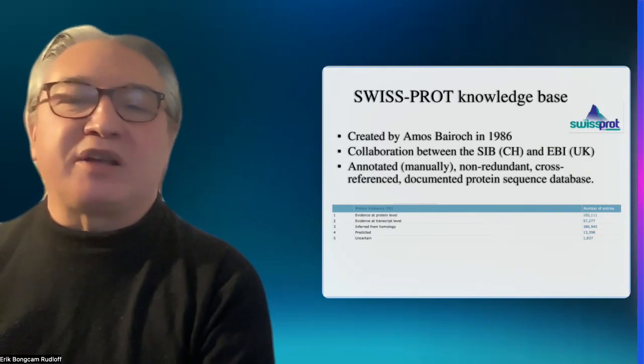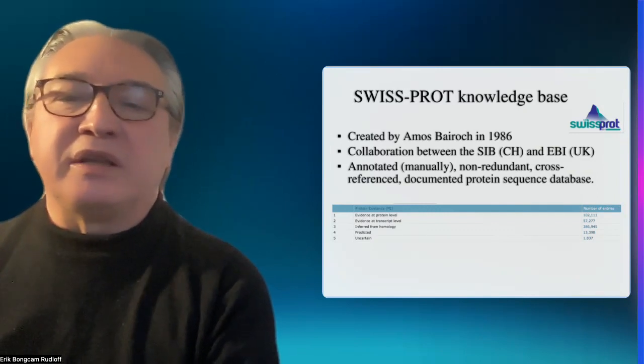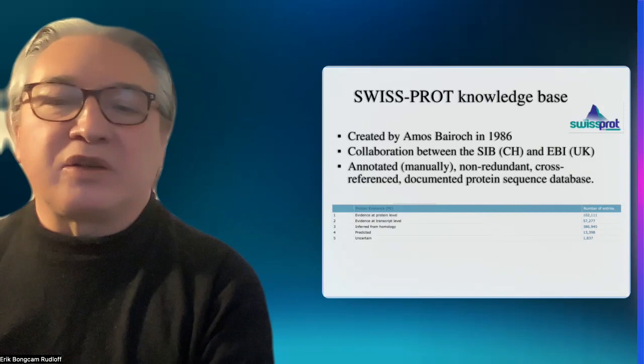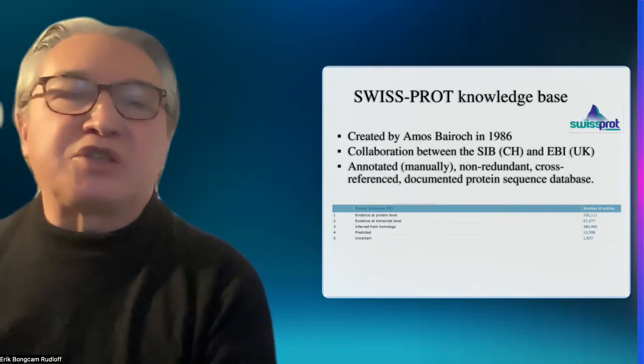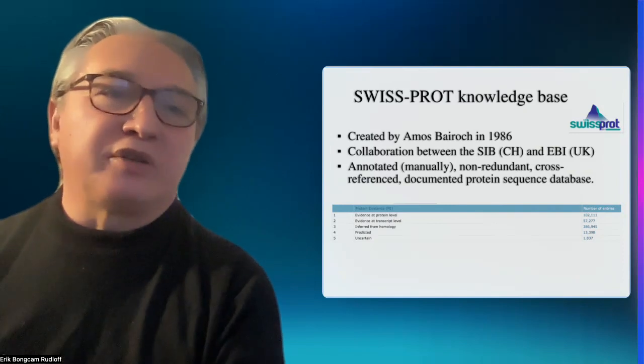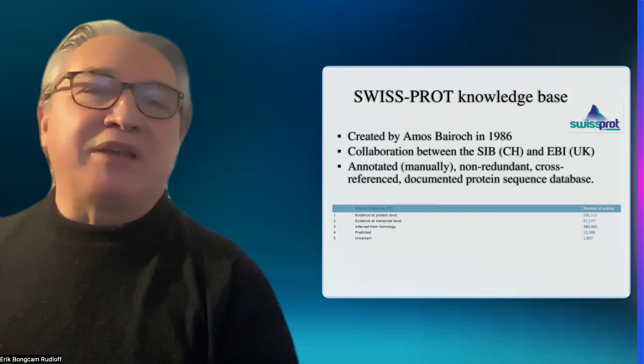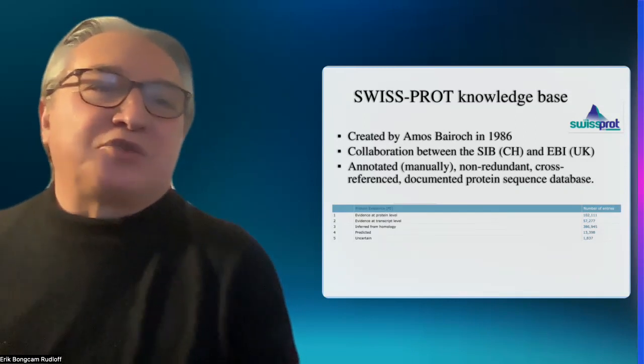In this case, it's a researcher in Switzerland called Amos Bairoch that started a database called SwissProt. And as you can see, the name is very logical. It's a protein database created in Switzerland, SwissProt.